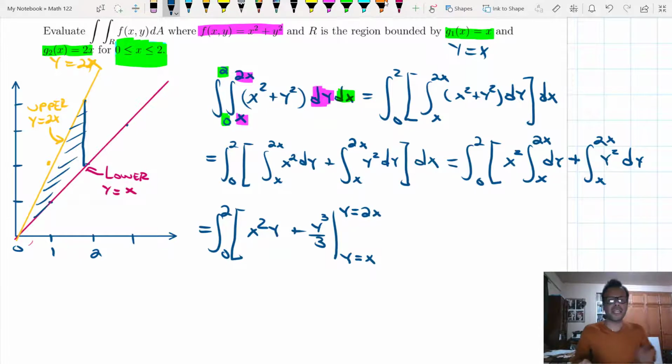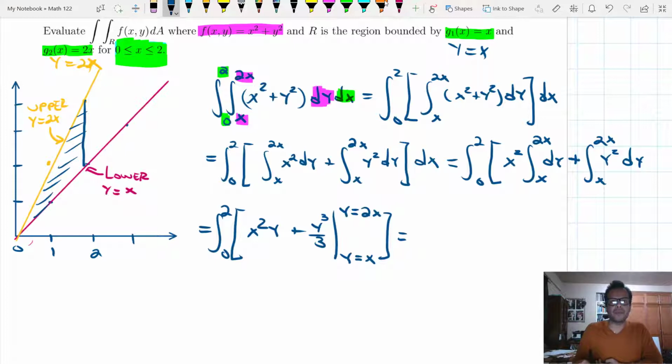It's always a great idea to write this y equals, or x equals depending on the order, to avoid confusion about which variable we are integrating.